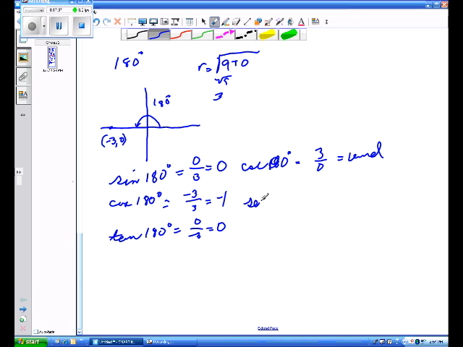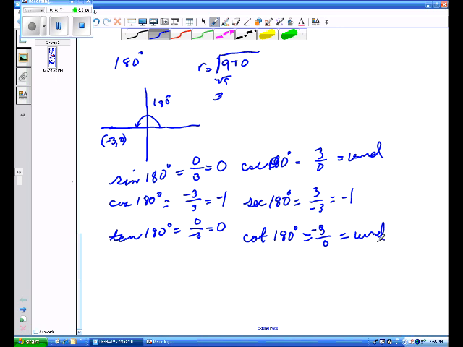The secant of 180 degrees is r over x, which would be -1, and the cotangent of 180 degrees is x over y, which is -3 over 0, which would again be undefined. We can't divide by 0.